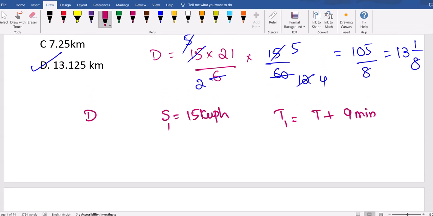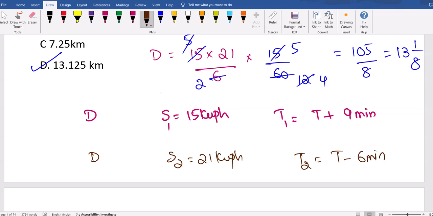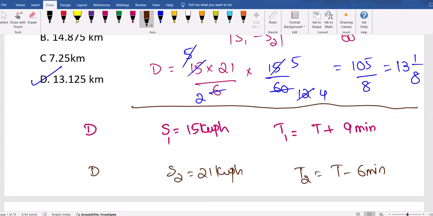In the second situation, the distance is the same, but now speed has increased, and you're reaching the office 6 minutes early. So the shortcut is given; we are working on the other way of solving the same question.